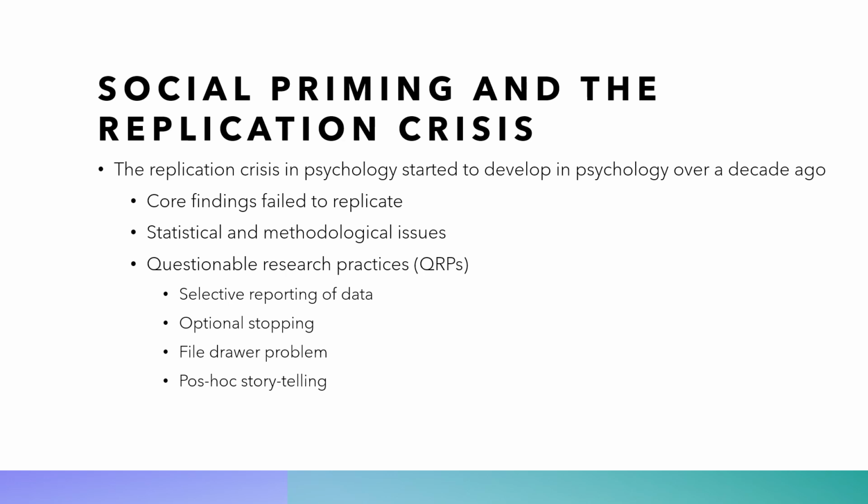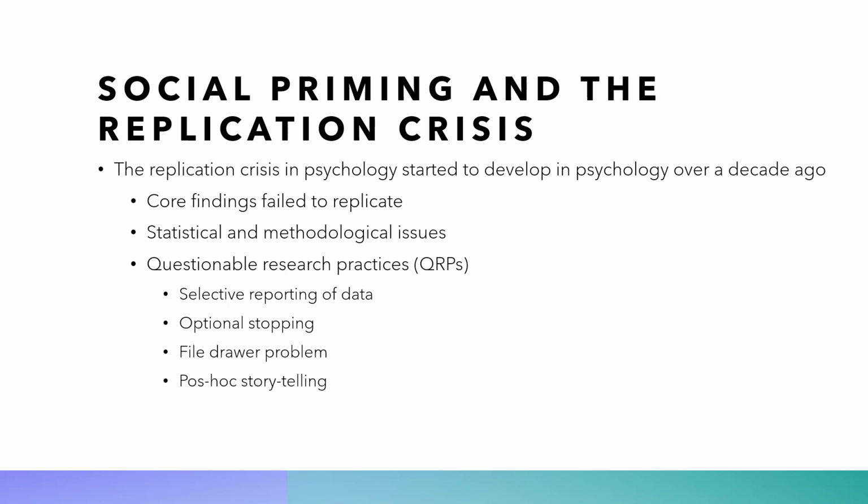We want our effects to be statistically significant, but the interesting thing about p-values is that they are greatly influenced by your sample size. The larger the sample size you have, the more likely you are to have a significant p-value, even if the effect size isn't that large. So what we found is that some people in the past were collecting enough data until they got the p-value they wanted, and then they would stop. Doing this can potentially lead to a false positive finding.